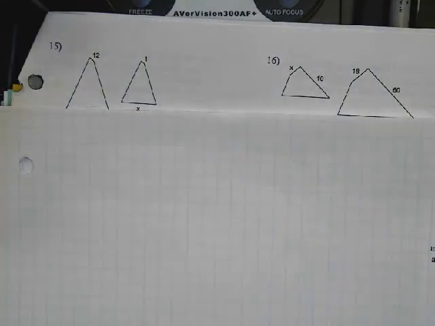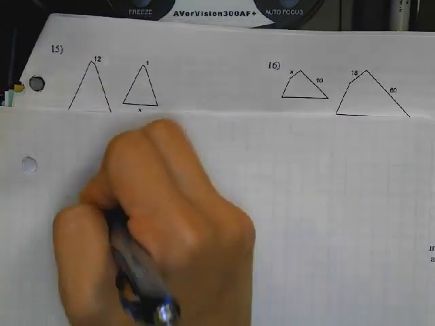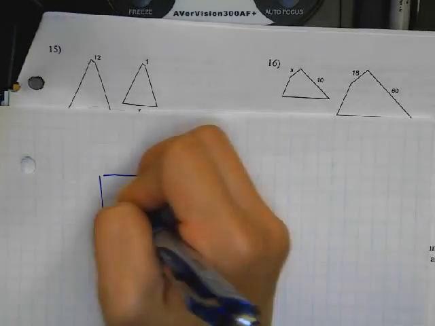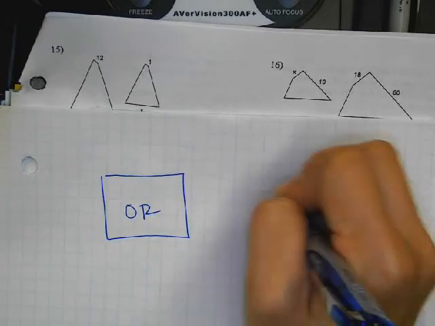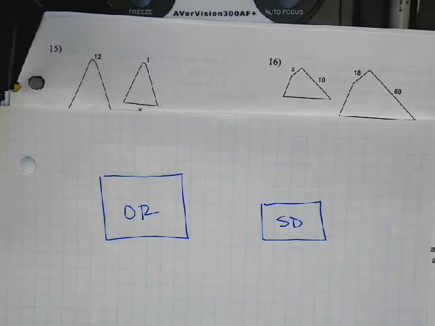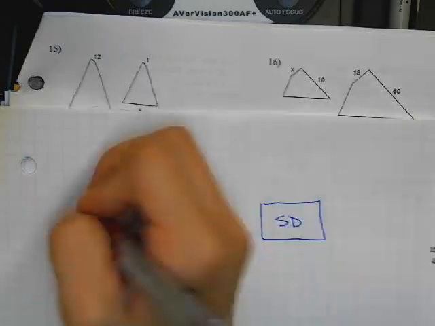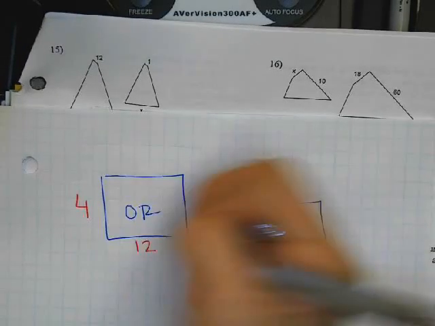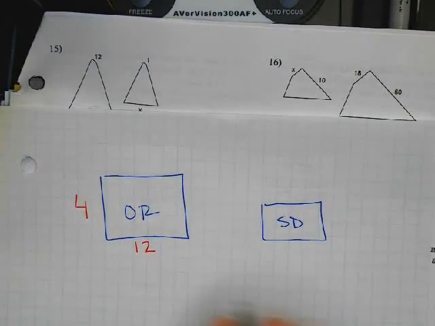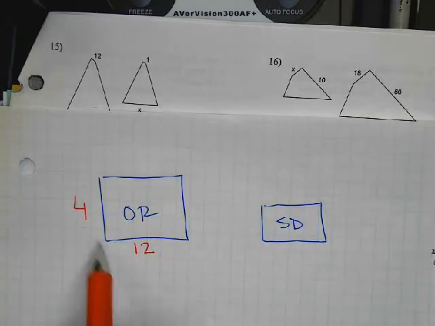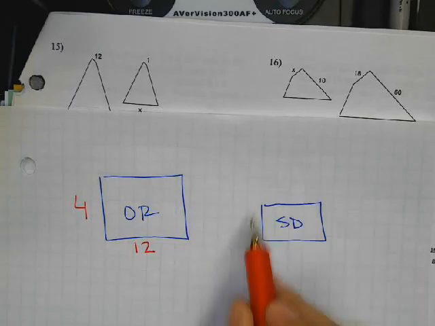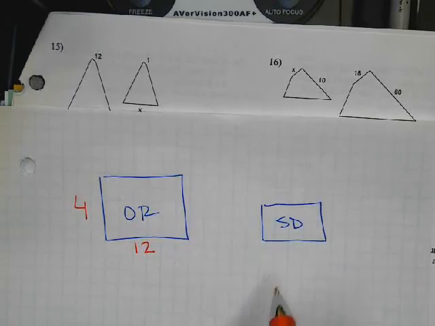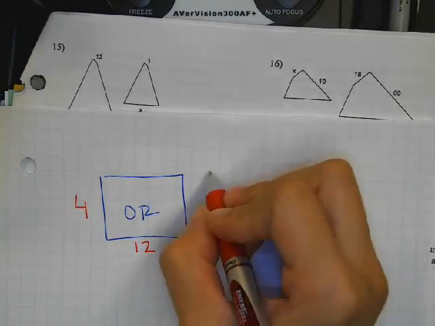All right, here we go. My original is a rectangle that is 4 by 12, Alex. My scale drawing, I don't give you any numbers on it. You've got to figure out the numbers by applying the scale factor.